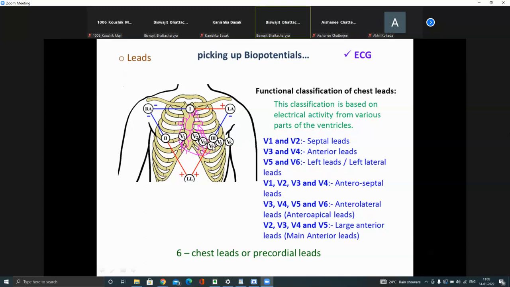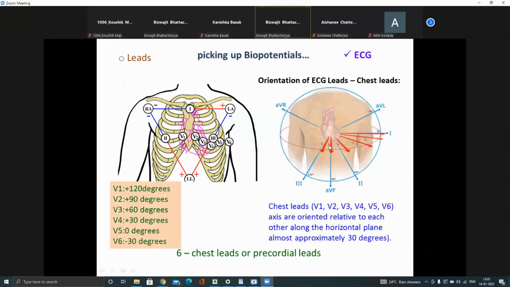So it is V1, V2, V3, V4, V5, V6. They are actually placed in a horizontal plane, and AVR, AVL, AVF, leads 1, 2, 3 are placed in a vertical plane.